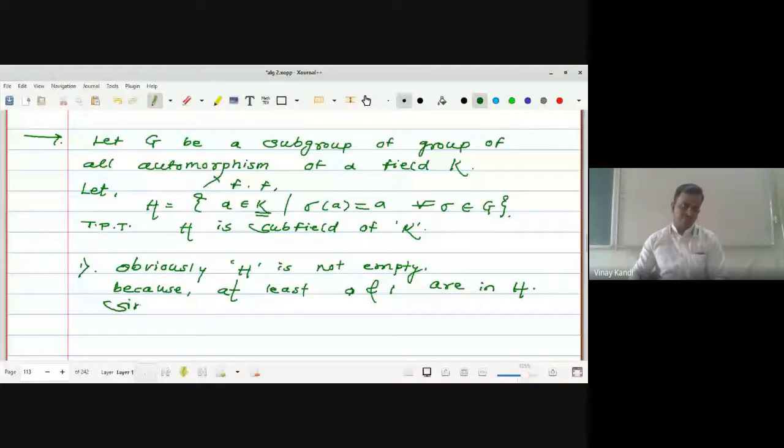Since sigma of 0 maps to 0, identity maps to identity. Why identity maps to identity? Because sigma is an isomorphism. And sigma of 1 is equal to 1 for all sigma belongs to G.